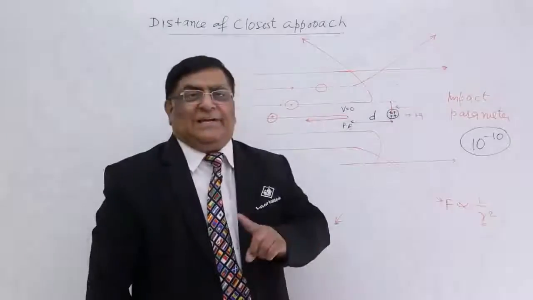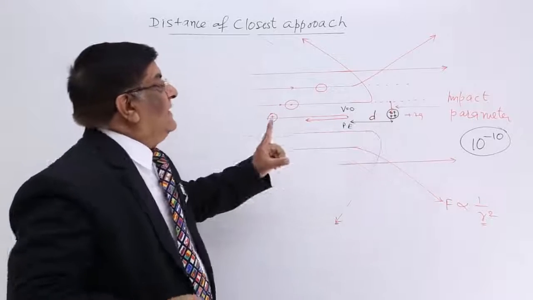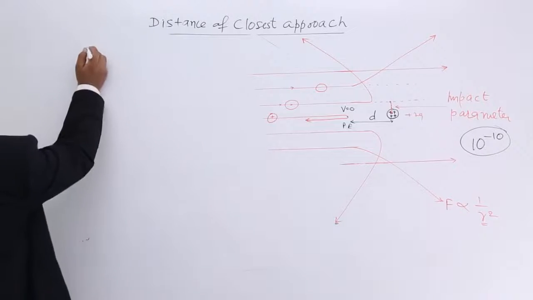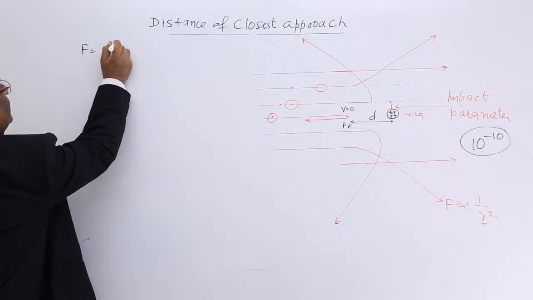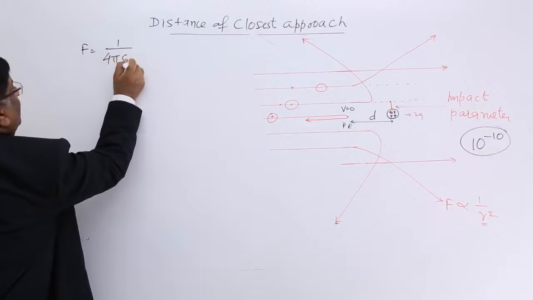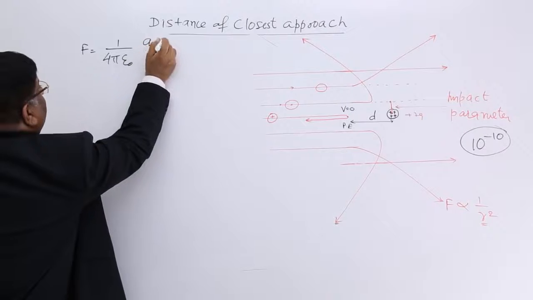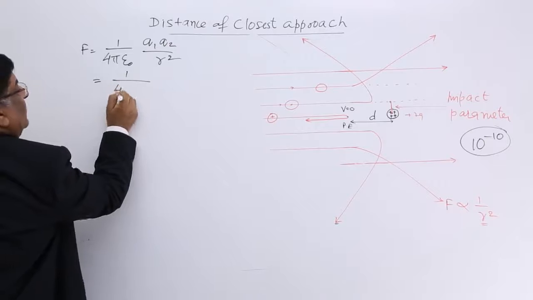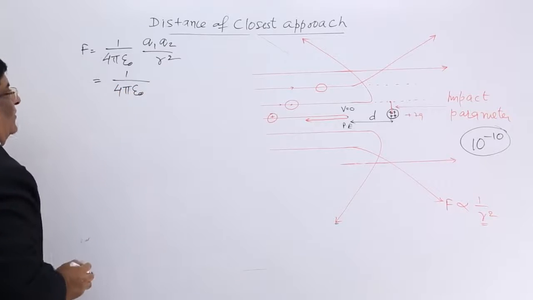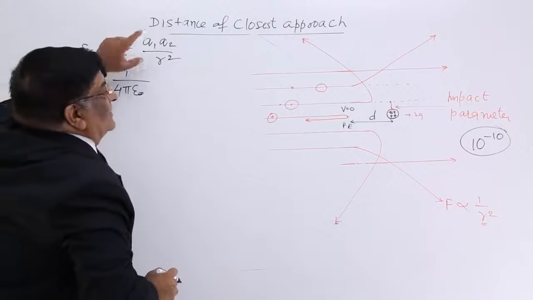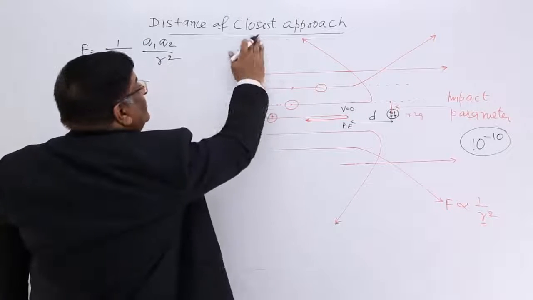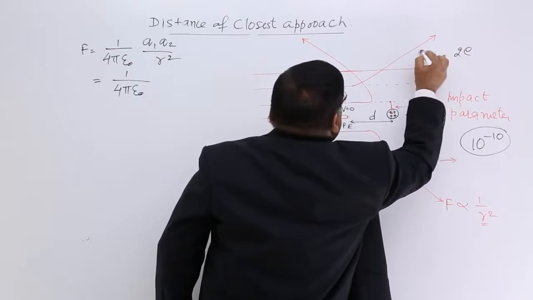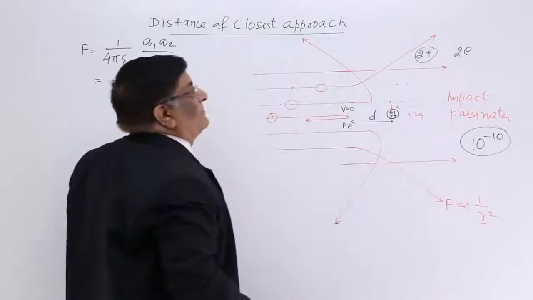Please see. At any location where there is a distance r between the alpha particle and the nucleus, the force will be Coulomb's force, that is 1 upon 4 pi epsilon naught, q1 q2 upon r square. In this particular case, it is 1 upon 4 pi epsilon naught. The charge of the alpha particle is equal to 2e, because the alpha particle has two positive charges.